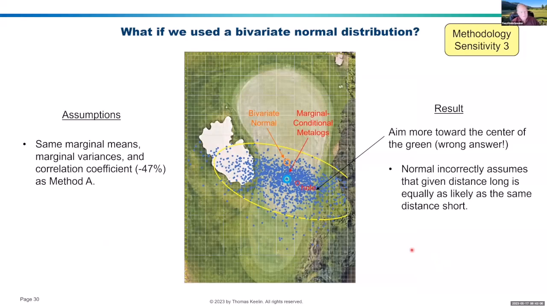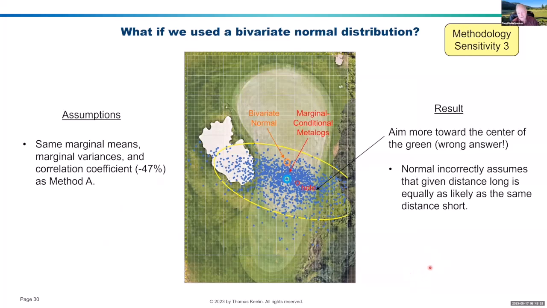Another question is, why do we need all these QPDs, even though they're easier to use? Why shouldn't we just use a traditional distribution like the multivariate normal distribution? Well, I plugged one in and used the same means and variances and so forth as before, and the same correlation coefficient. But the multivariate normal distribution produces a somewhat different answer. It's not a terribly different answer, but it's not a very good answer.